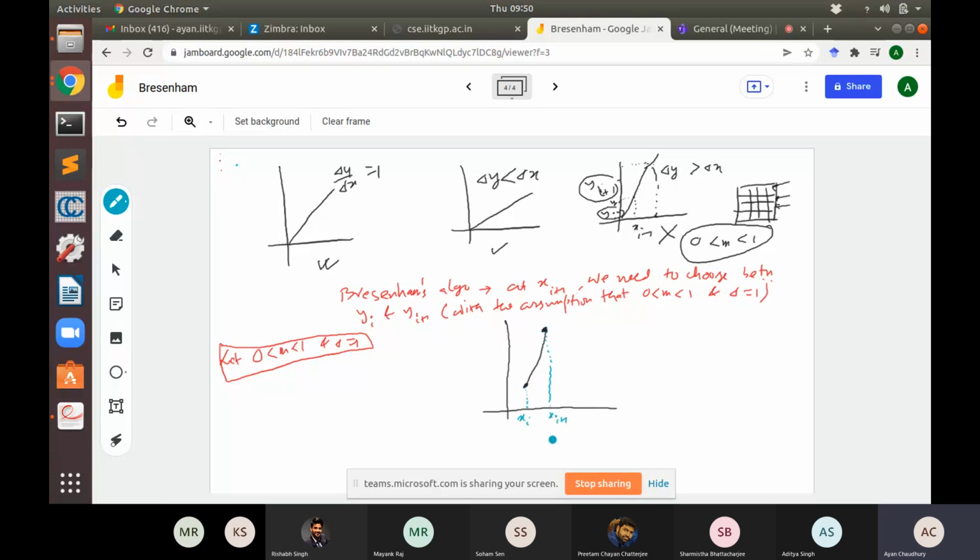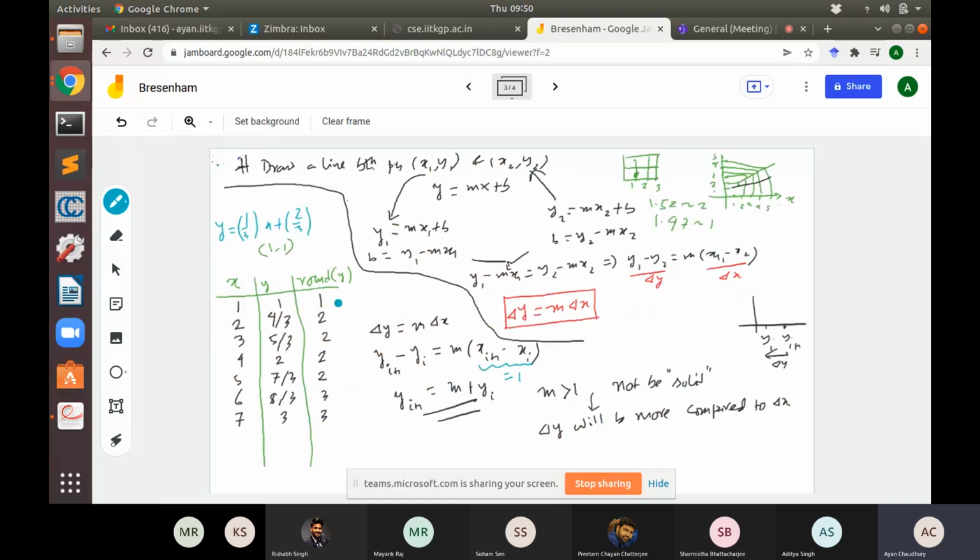We get a y corresponding to xi plus 1, which is somewhere here. This was your previous y, and this is your next pixel. So at xi plus 1, we have got a value y, and these are the values we are getting.